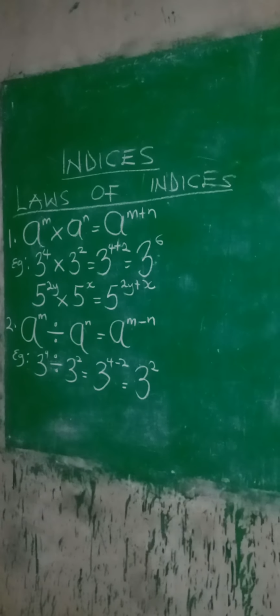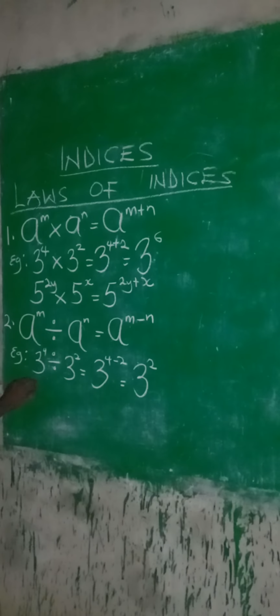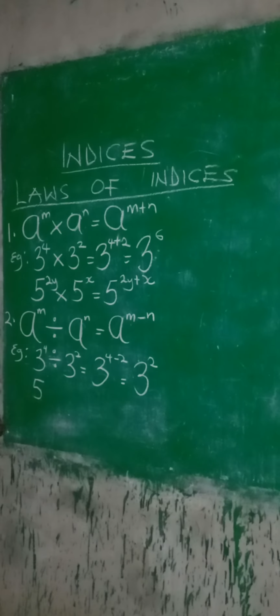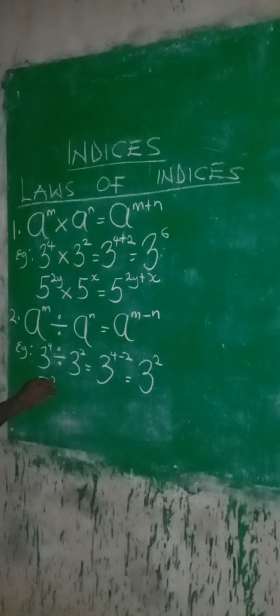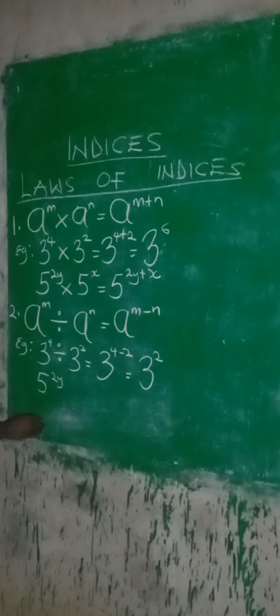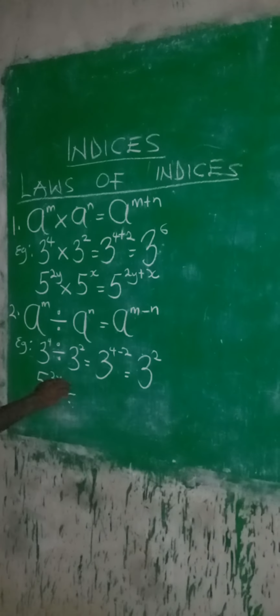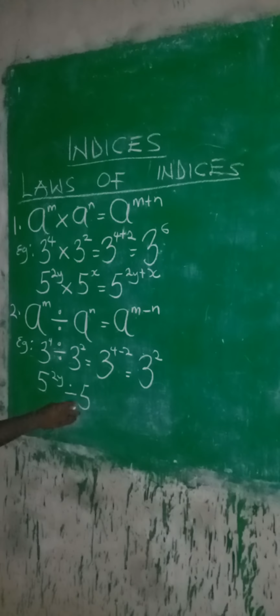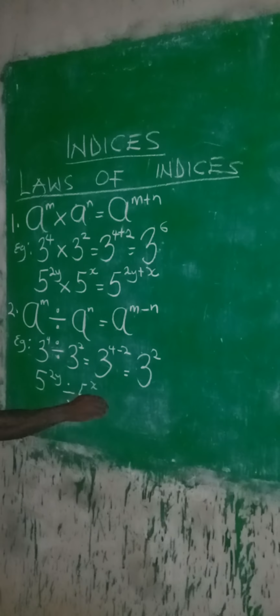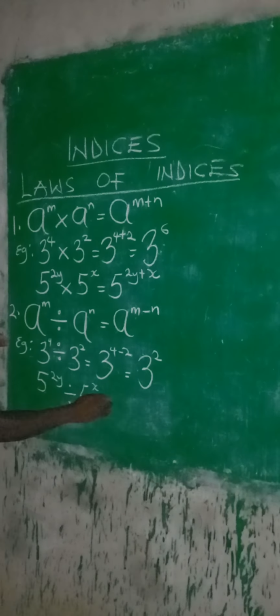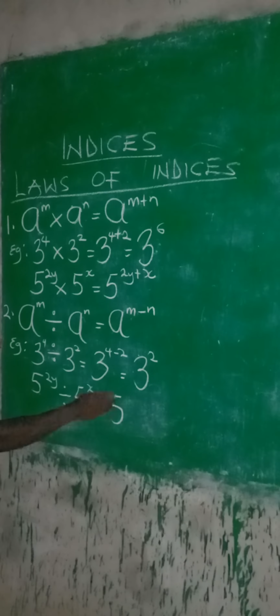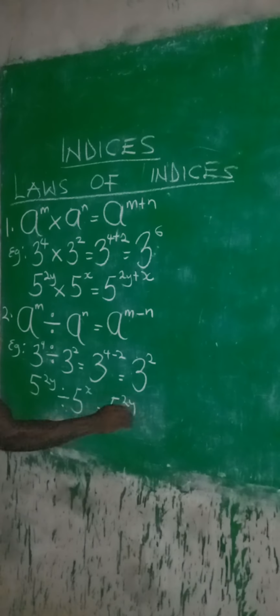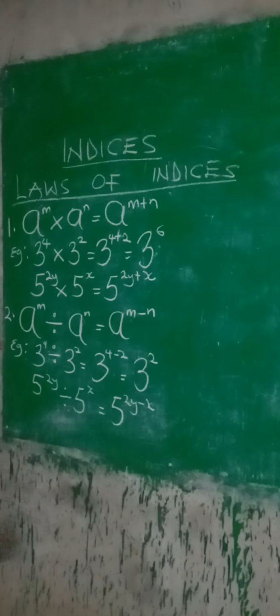Let's look at the last example. You have 5^(2y) divided by 5^x. This is going to give you 5^(2y-x).